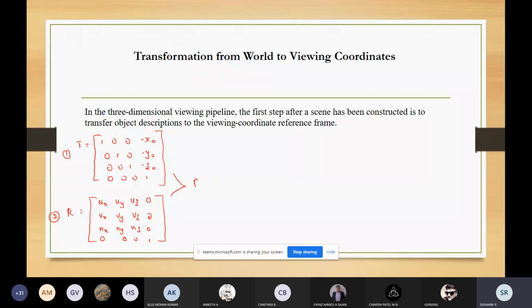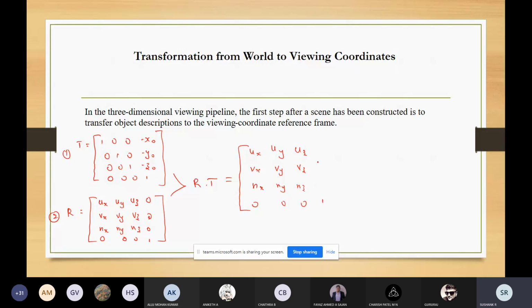When we multiply these two matrices, we obtain the resultant matrix: ux, uy, uz, vx, vy, vz, nx, ny, nz, 0, 0, followed by 1. Here you'll get minus x naught, minus y naught, minus z naught.